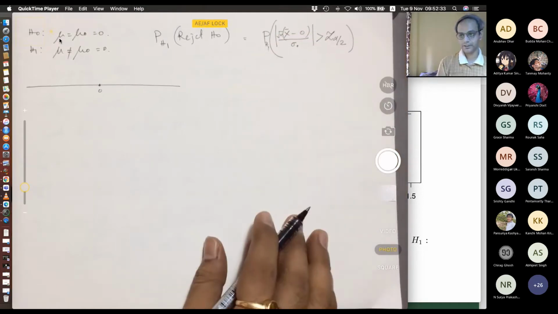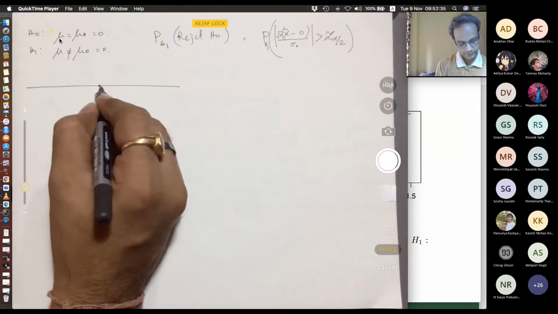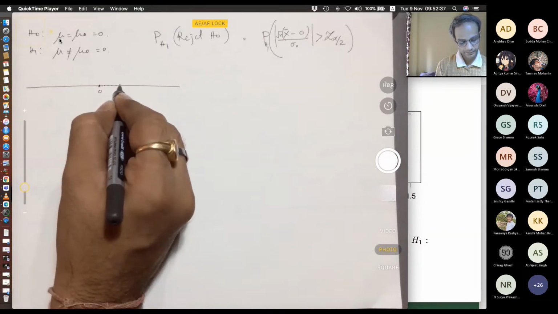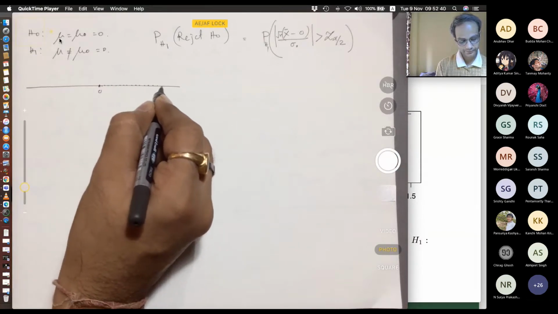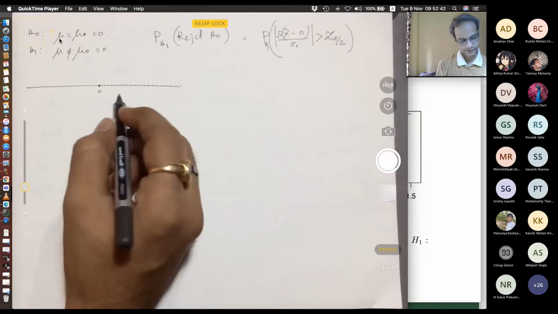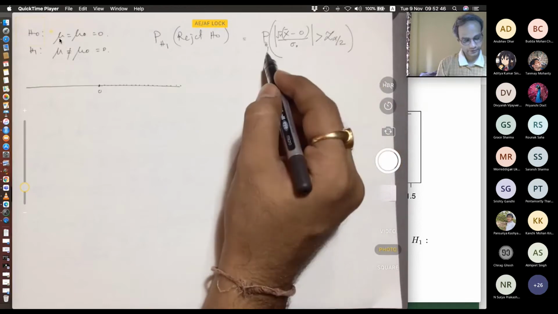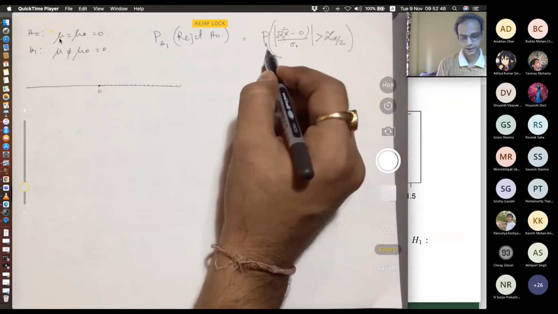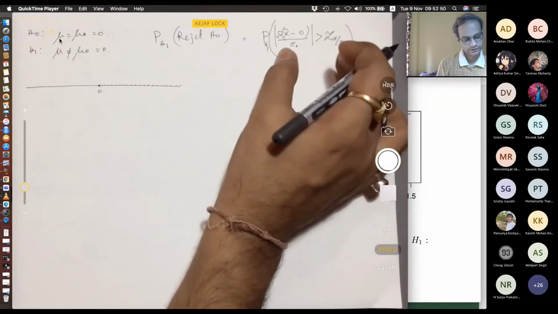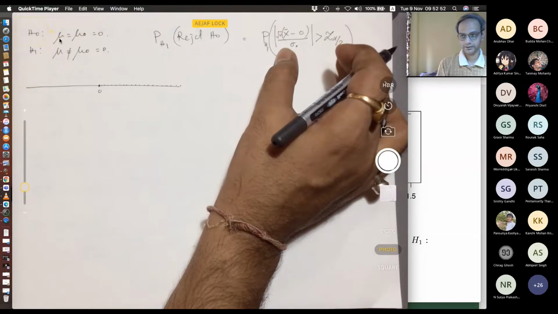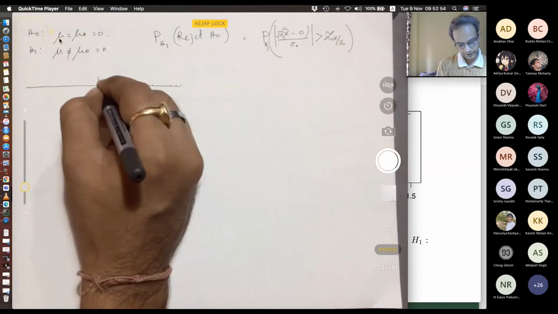Under H1 means in general you need to pick up all of the different values of mu, and for that you need to calculate this. Now if by force you consider H0, then this quantity is nothing but the level, and that will be alpha.